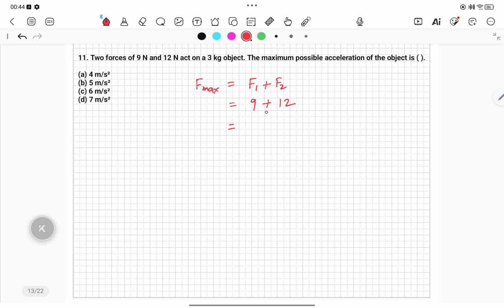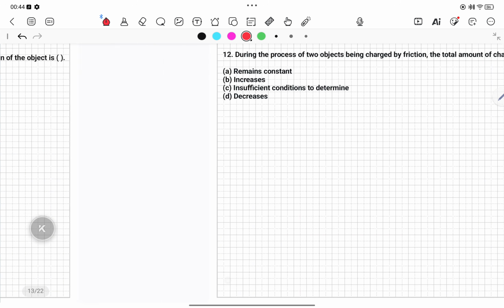So this will become 21 Newton. Acceleration is equal to force by mass. Force is 21 and mass is 3. So acceleration will become 7 meter per second square. So according to this, option D is correct.